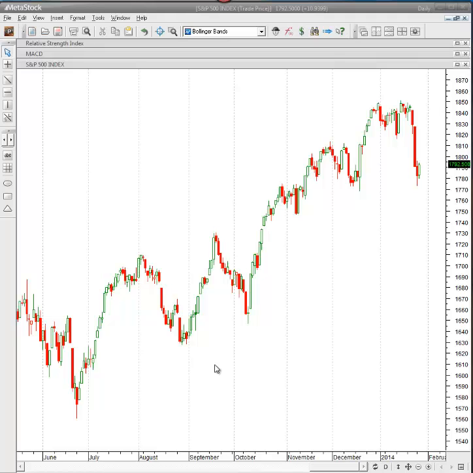Let's take a quick look at the trend of the S&P 500, which you'll see on the screen right here. One thing I always like to do, as I've mentioned many times before, is draw a trend line from corner to corner, which gives me roughly a 45-degree angle for the trend. We do like to see the trend more or less in line with that angle, which gives us a very sustainable kind of trend.